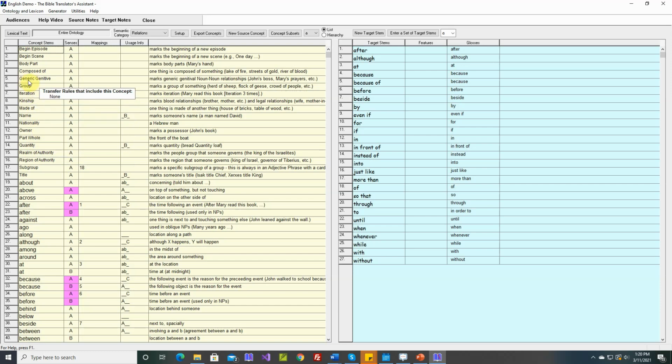So that's when we use generic genitive. Then it will be up to you to see that friends is modified by John and this generic genitive marker is in there, and you will write a rule that will provide the right morphology or the right structure. So all of the noun-noun relationships that don't fit into one of these specific relationships will be marked with generic genitive. So let's go over here.